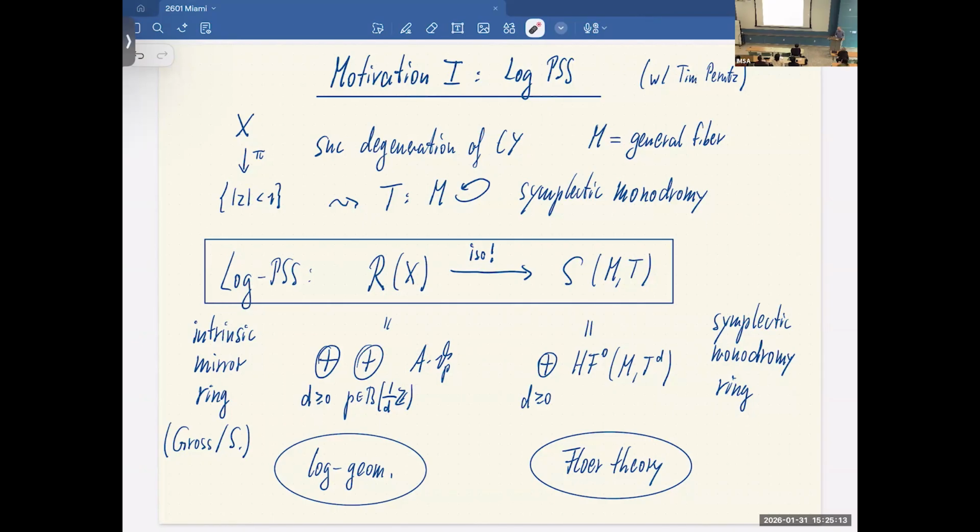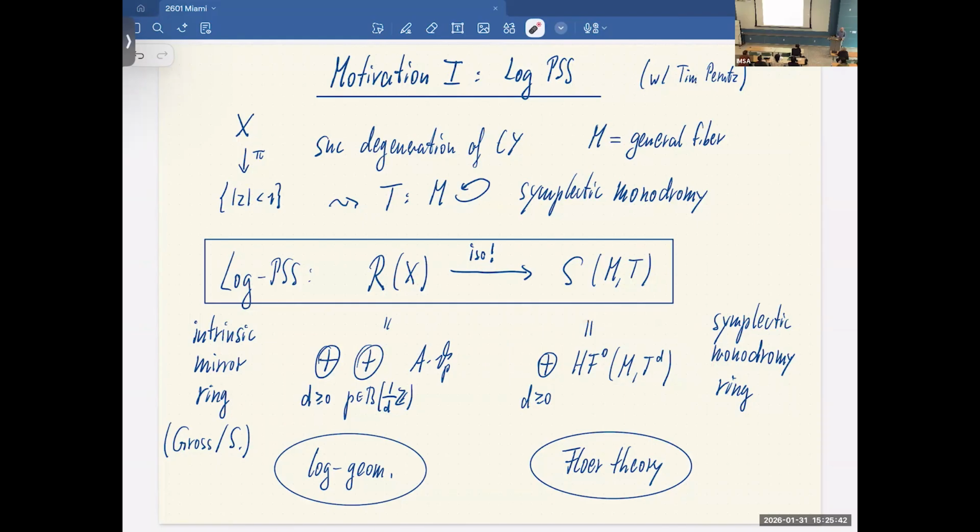And then on the other side, on the purely symplectic side, you can build a ring from the symplectic monodromy that Tim educated me about, which is simply this Floer theoretic symplectic monodromy ring. So for each D, for each iterate of T to the D, you get one group, and it has a pair of pants product, and that's a nice ring as well.